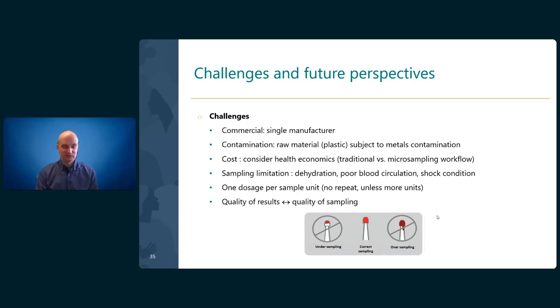Fortunately, this comes in a kit, as I said, with 2, 3, or 4 units. So feel free to collect more than one unit to make sure you get a chance in case you suspect contamination or the test just didn't perform well. You will be able to repeat the test if you have a second unit.